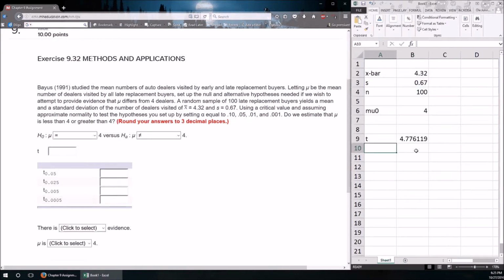So our test statistic is 4.776199. We're supposed to round to 3 decimal places, so that's 4.776. Again, let's take a look at the test statistic formula. It's what we observe minus what we hypothesize in the numerator. In the denominator, it's going to be s over square root of n.